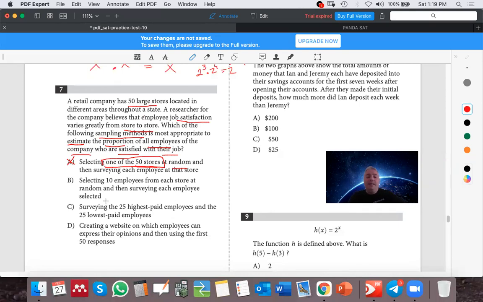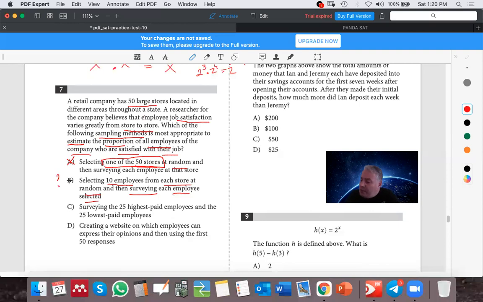So part B, selecting 10 employees from each store at random, then surveying each employee selected. What do you think about this? Selecting 10 employees from each store at random and surveying each employee selected. Not a bad idea.